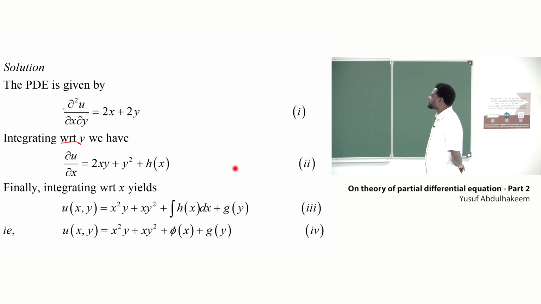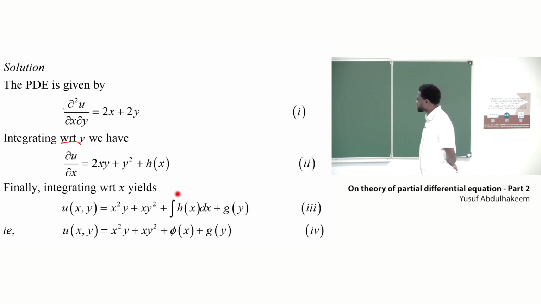Pending the condition given, we will be able to obtain what h of x is, and what phi of x is, because phi of x here is equivalent to the integral of h of x. Then from there we should be able to obtain what g of y is.